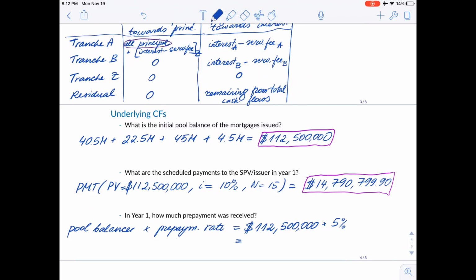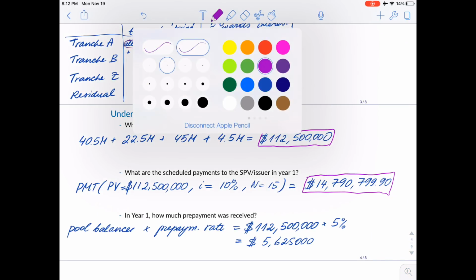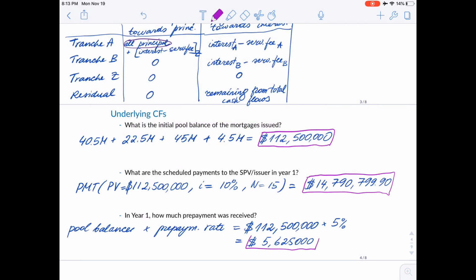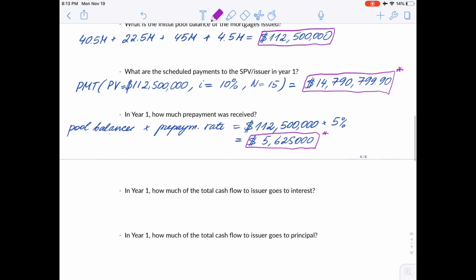And the prepayment comes out to be $5,625,000. Okay, so the total of 14.79 and 5.625 million is how much the issuer receives from the borrowers in year one.